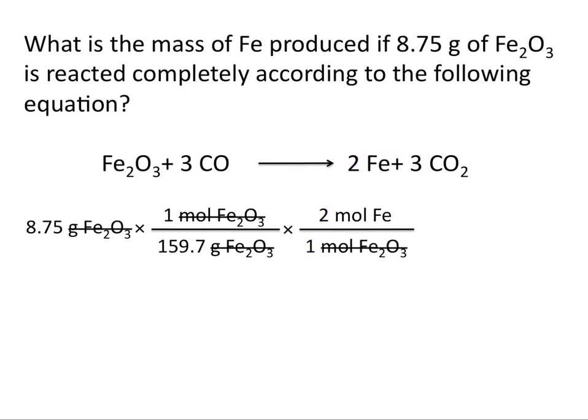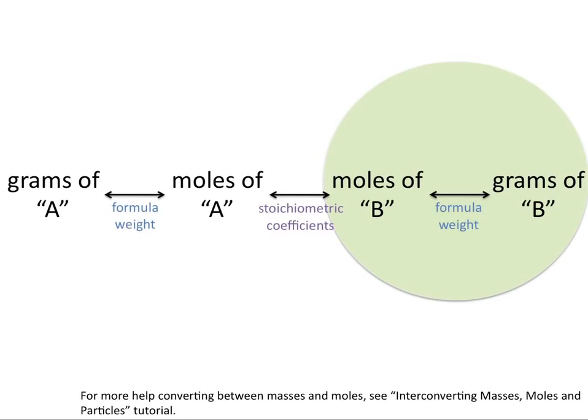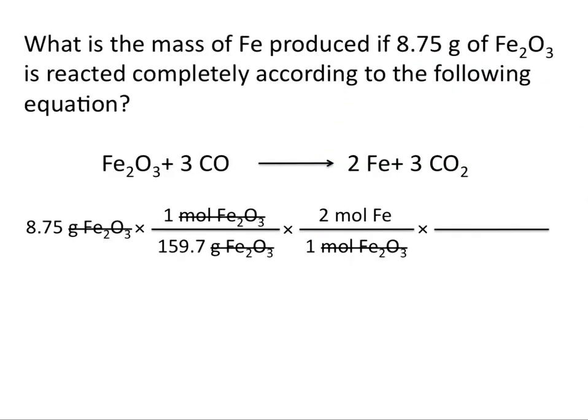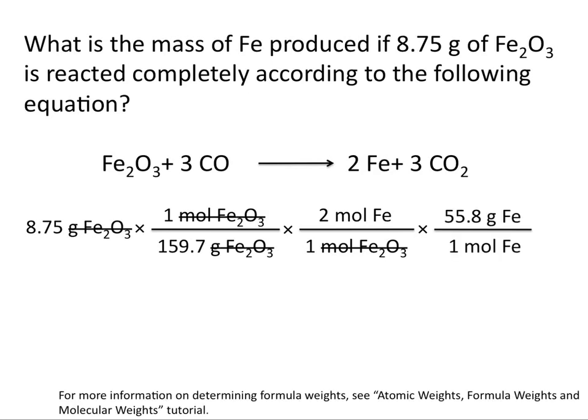Now that we have moles of iron, we can convert to grams of iron, again using a conversion factor, and again using the formula weight of iron, or in this case, the atomic weight of iron, because it's an element and not a compound. We'll put moles of iron on the bottom and the atomic weight of iron on top. This allows us to cancel out the moles of iron.